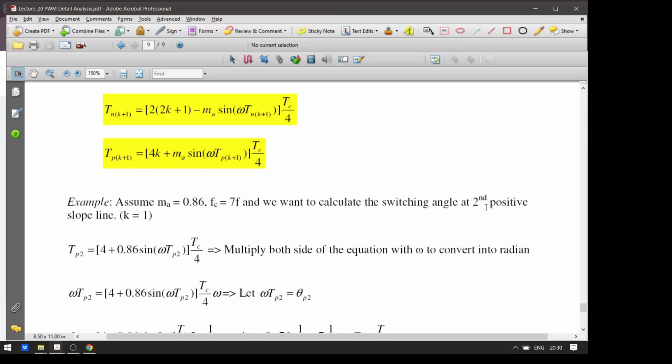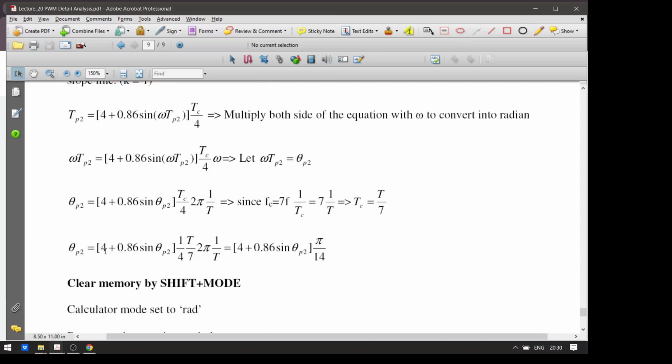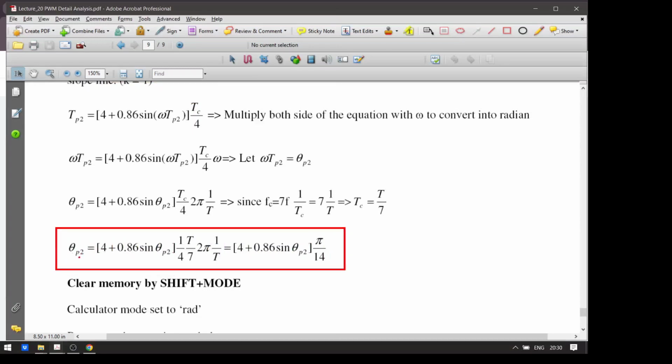If we assume this is the second positive, k equals 1, then we have t p2, and we multiply both sides of the equation with omega to convert into radians. Then finally you have this equation. This is for p2, the second positive slope.